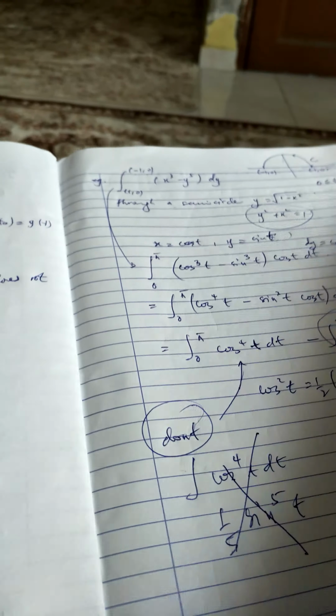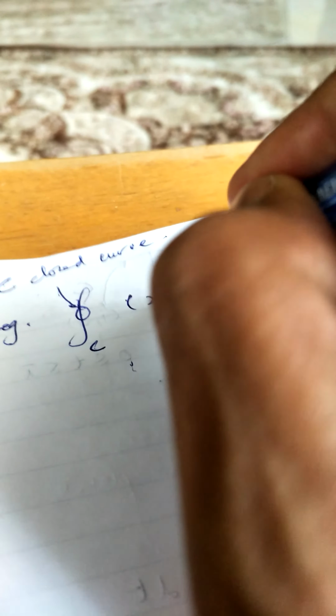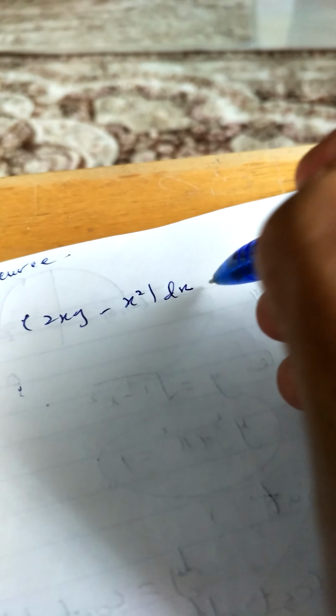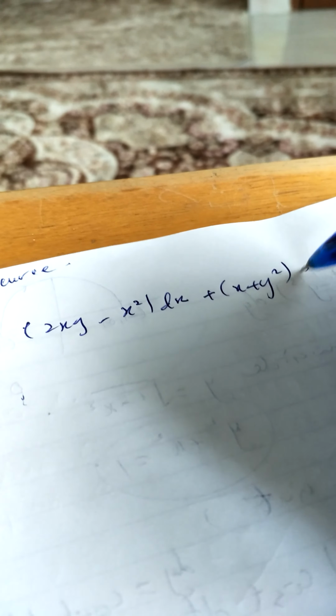This curve, small circle there for closed curve, which means C is a closed curve. So we want to evaluate this (2xy minus x squared) dx plus (x plus y squared) dy.